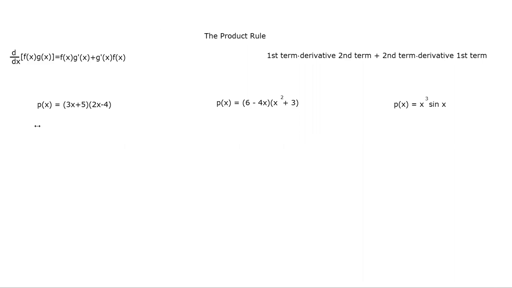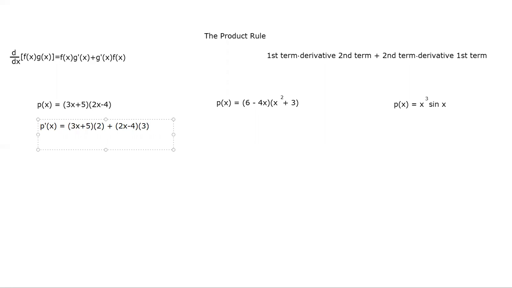Okay, so now we have p prime of x is equal to the first term, 3x plus 5, times the derivative of the second term, which is 2, plus the second term, which is 2x minus 4, times the derivative of the first term. Derivative of 3x plus 5 is simply 3.